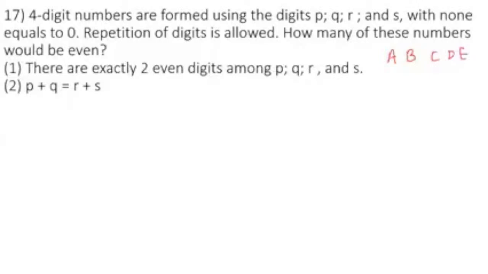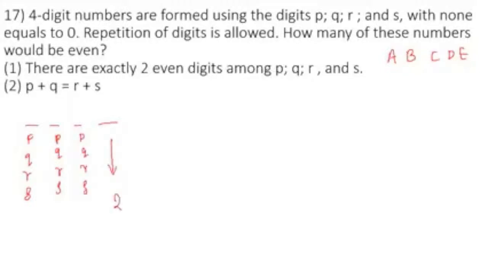First of all, consider statement 1. It says there are exactly 2 even digits among the given values of P, Q, R, S. We can check whether statement 1 is sufficient or not. Repetition is allowed, and the question is asking how many even numbers are possible. For the first positions, the possibilities are P, Q, R, S each, but in the last position only 2 numbers are even.